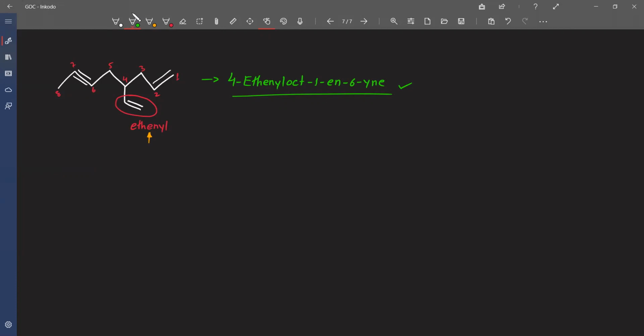Okay, so that was about the compounds which have multiple bonds, and we have also seen compounds where multiple bonds are there, and even the substituents are having multiple bonds. This is one of the examples we saw where the substituent also contains a multiple bond.